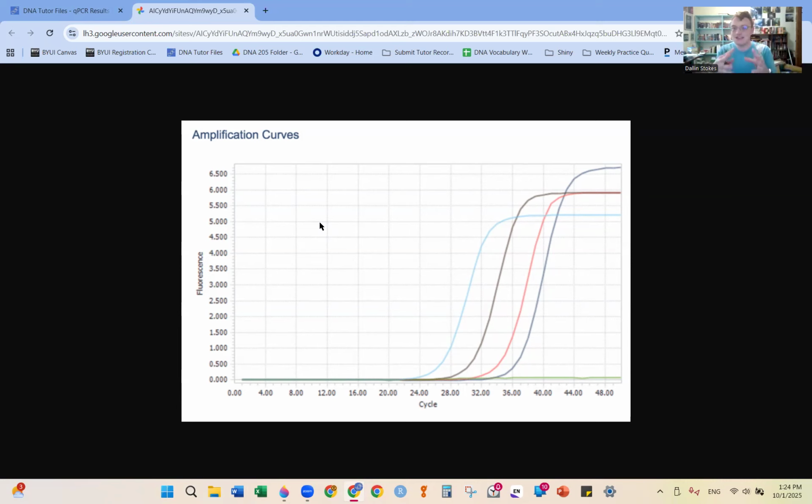So they can be used together. But for this class, we're learning about them separately. So RT-PCR, you convert RNA to DNA first and then do ordinary PCR. qPCR, you are doing ordinary PCR, but keeping track of how many copies of DNA you have in the tube at any given moment. So that's the difference there.